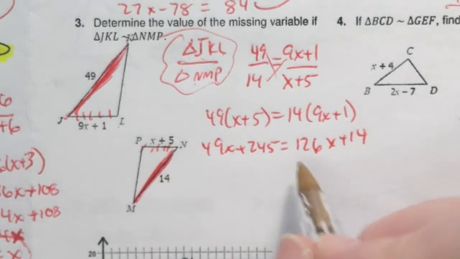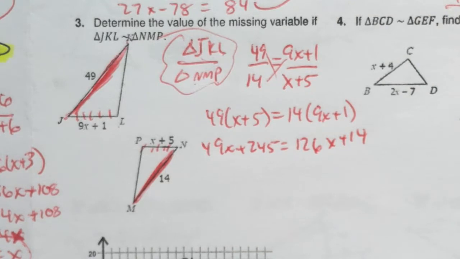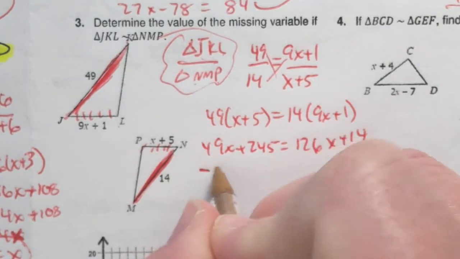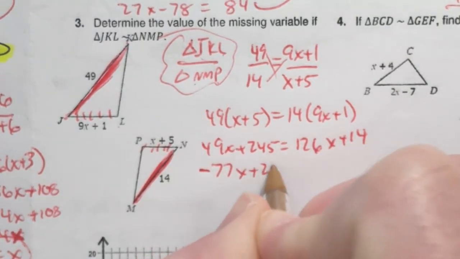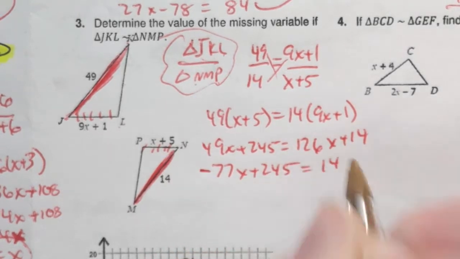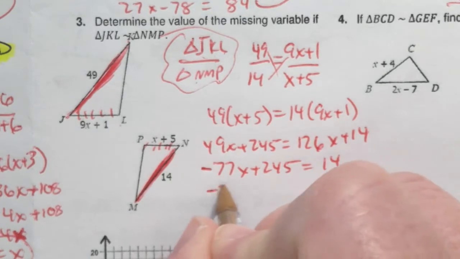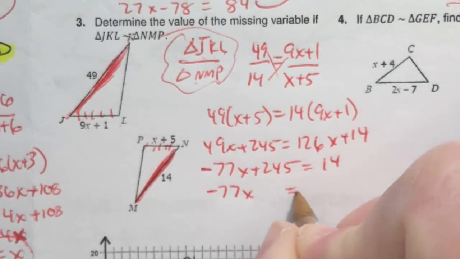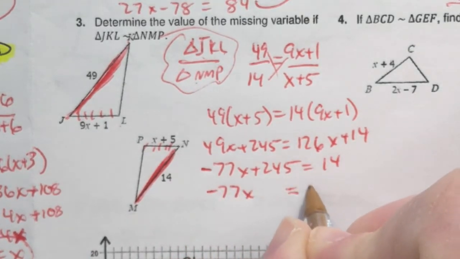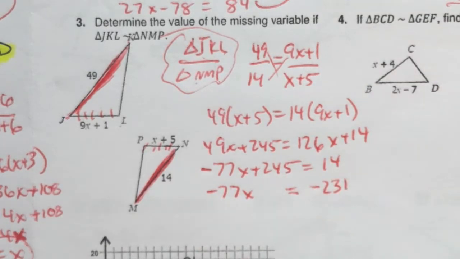I like x being on the left side, so 49 minus 126, we get a negative 77x plus 245 equals 14. 14 minus 245, we have negative 77x is equal to negative 231. Divide by negative 77 on both sides, and you have x equals a positive 3.